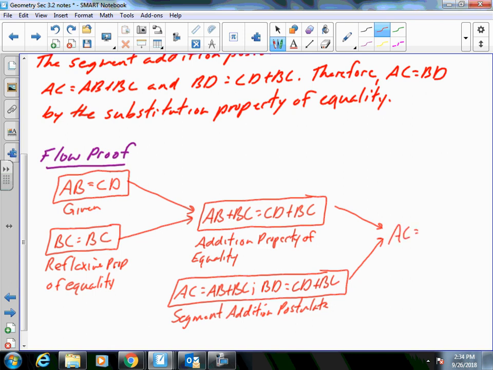AC equals BD. By the substitution property of equality. All right. Questions on that?